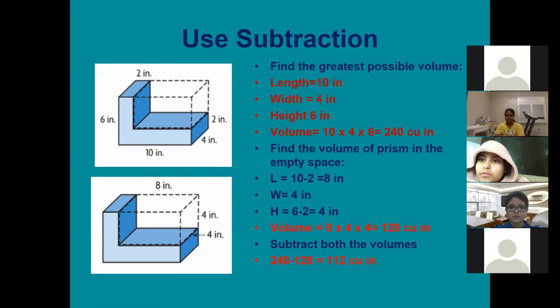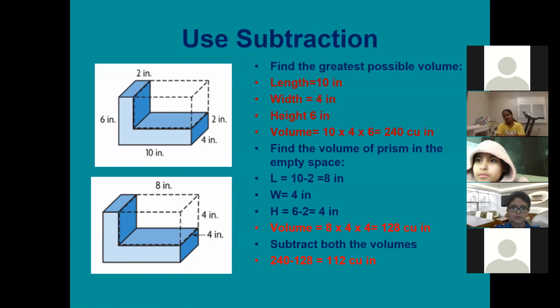Here also it is 112. That means your answer is correct. So here you found the volume of the whole prism, the greatest volume. From that you subtracted the volume of the prism in the empty space. So you got the volume of these blue colored 2 rectangular prisms combined.